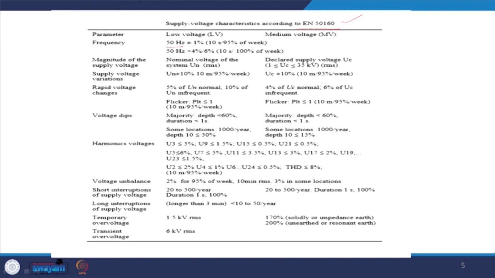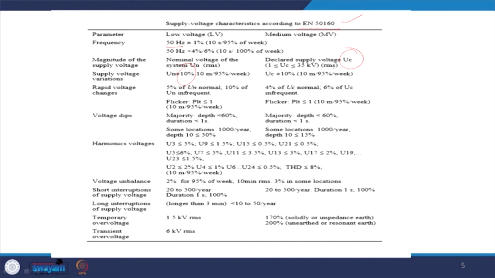Magnitude of the voltage: nominal voltage of the system in RMS is generally 440 volt, and declared supply voltage, generally Germany writes V instead of U. So, it should be around 35 kV RMS. Then the supply voltage can have a variation of 10% for the weak grid.